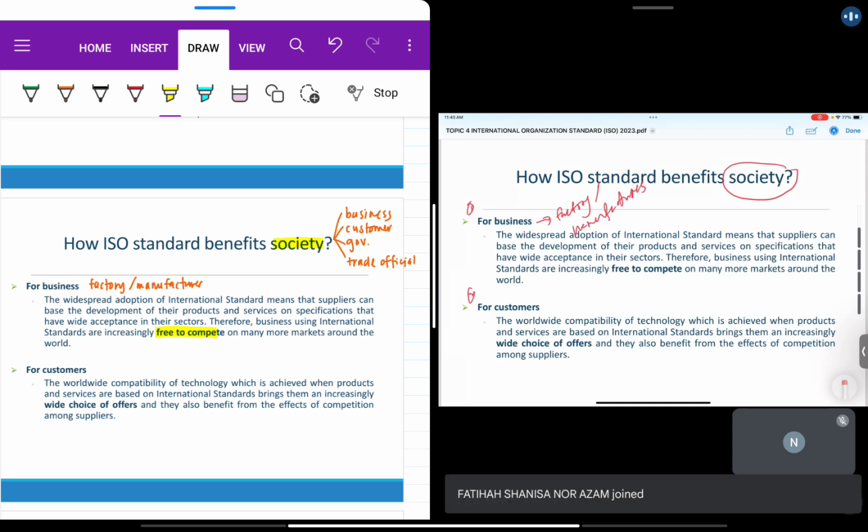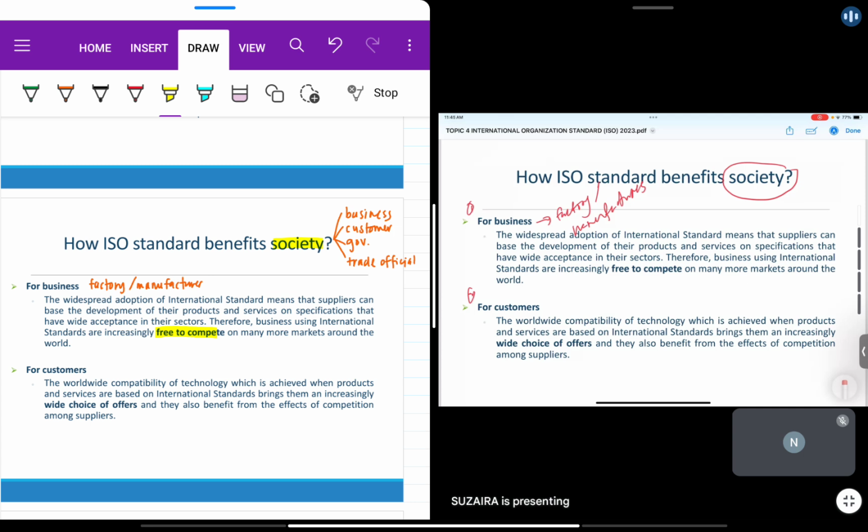So they are actually free to compete, because they have different specifications in terms of price, in terms of colors, in terms of the taste of the product, and it will reflect to the customer to choose what kinds of product they like the most. So the customer itself will have a wide variety of products to choose from.